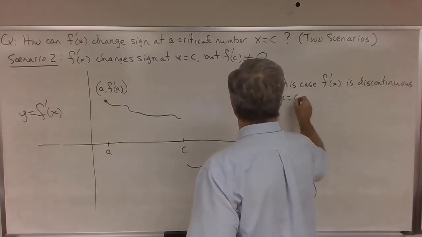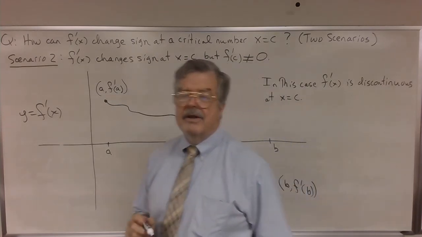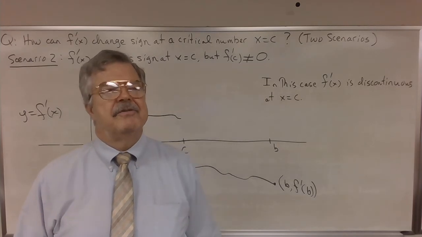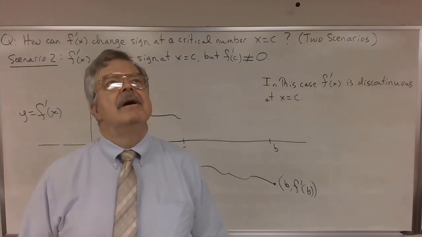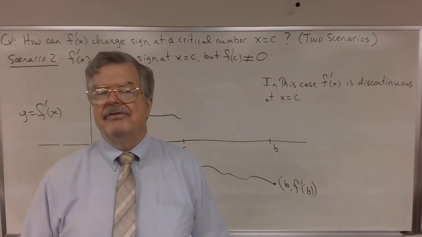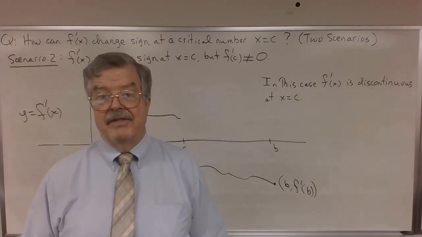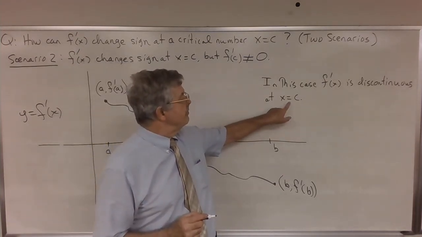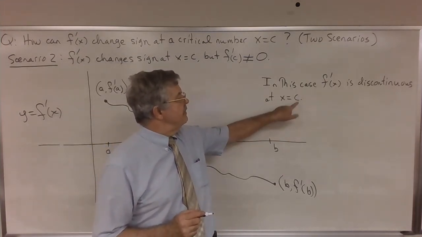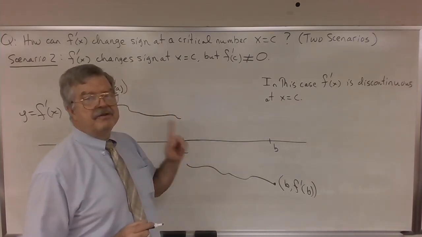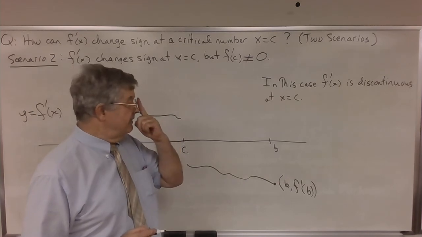at x equals c. And I'll go one step further. You know, there are a few ways that a function can fail to be continuous at a point. And one of the ways is if the function isn't defined at that point. And that turns out to be the case here. In this case, the derivative is discontinuous at x equals c because the derivative is not defined.